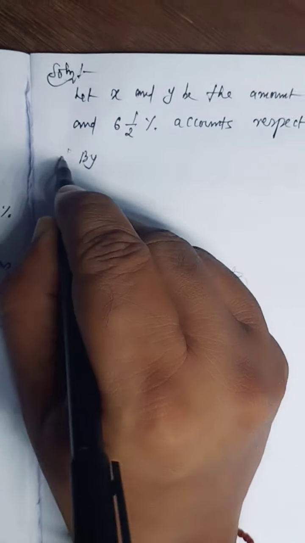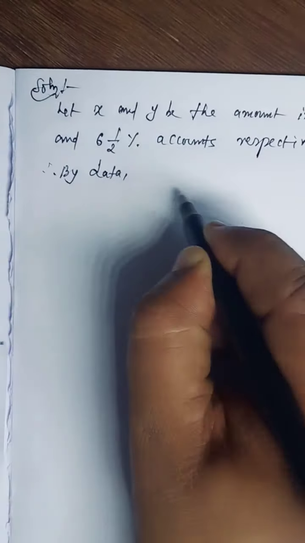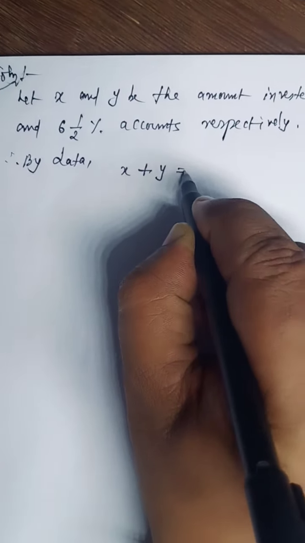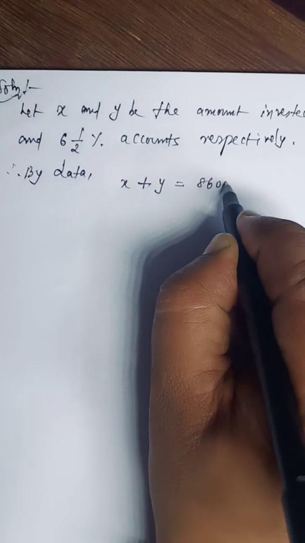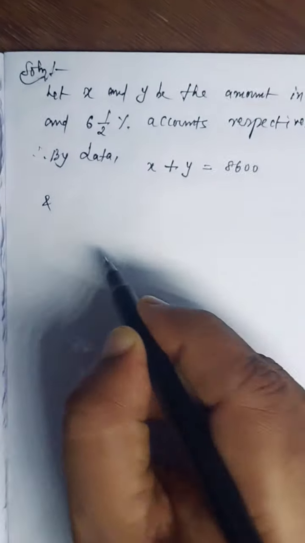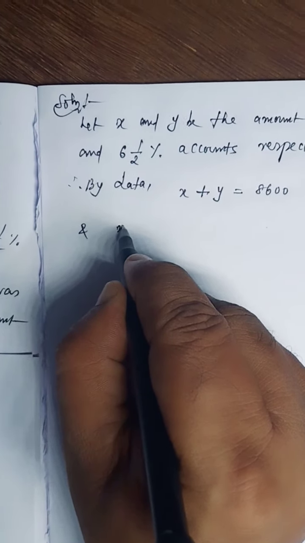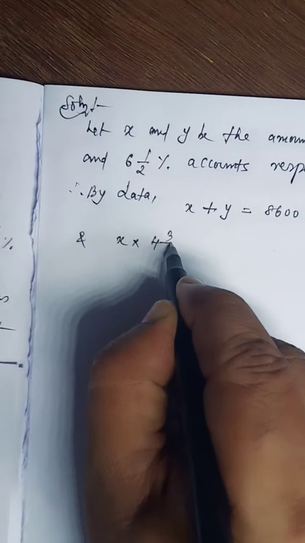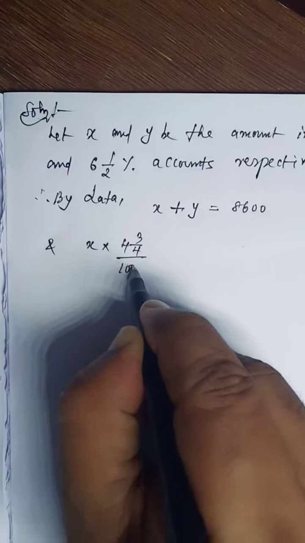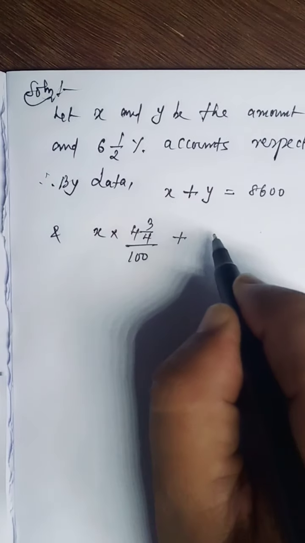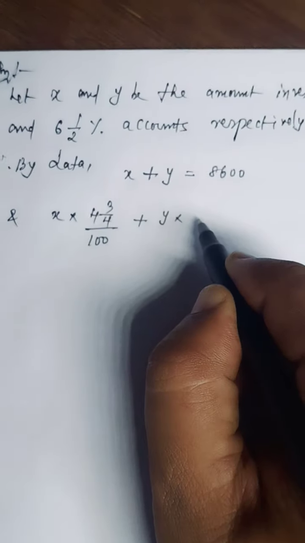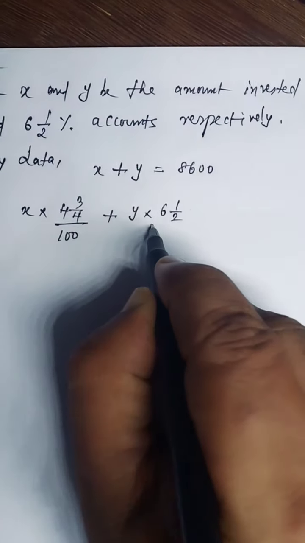According to the given data, the total amount invested is equal to 8,600, and for the amount invested x rupees, the rate of interest is 4 3/4% plus for the amount invested y rupees, the rate of interest is 6.5%.